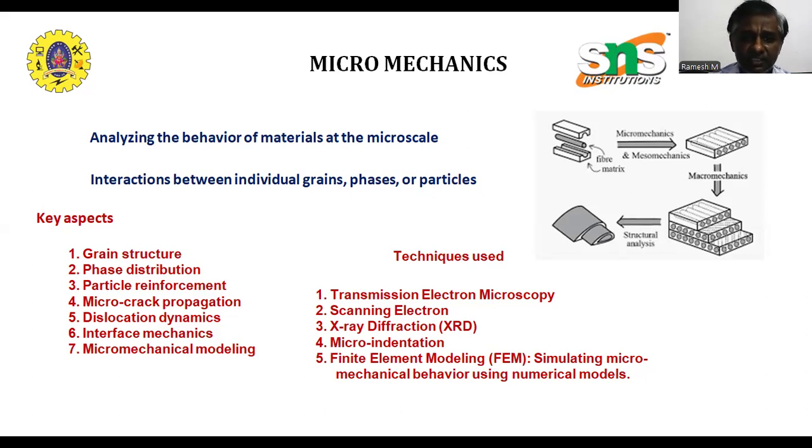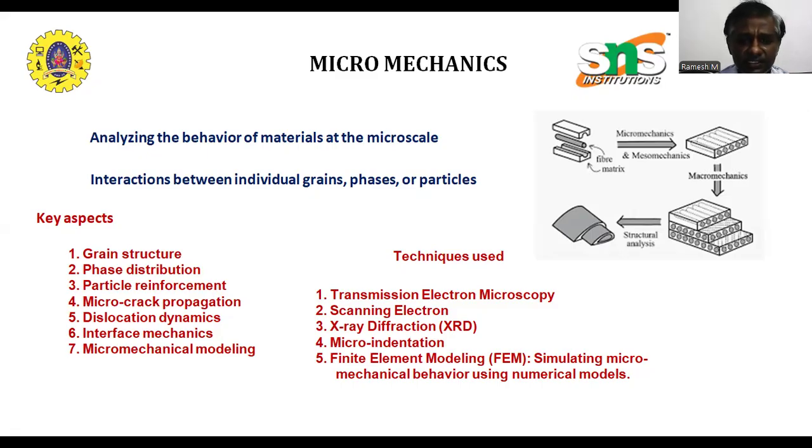Then the key aspects of the micromechanics of materials approach are grain structure, phase distribution, particle reinforcement, micro crack propagation, dislocation dynamics, interface mechanics, and micromechanical modeling. These are the key aspects.